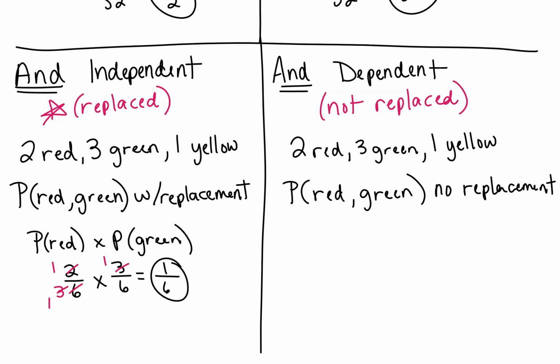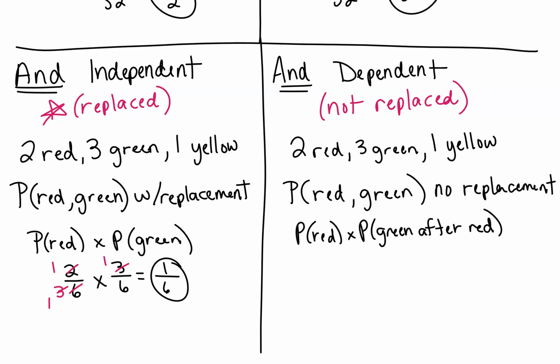We do the probability of red times the probability of green after red. On these, you have to assume that you got what you were looking for. So on that first, in order to calculate green after red, we have to assume that we're holding a red marble outside the bag.